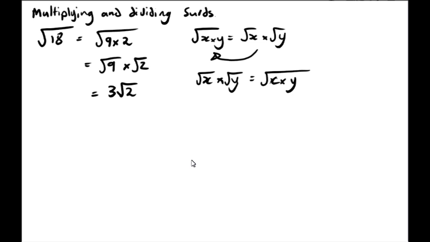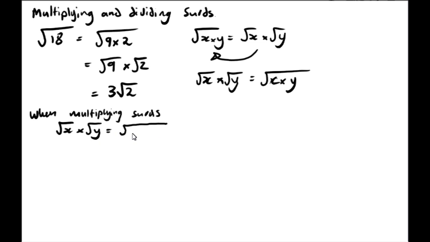So it works both ways. When multiplying surds, the first surd times the second surd is the square root of the first number times the other.